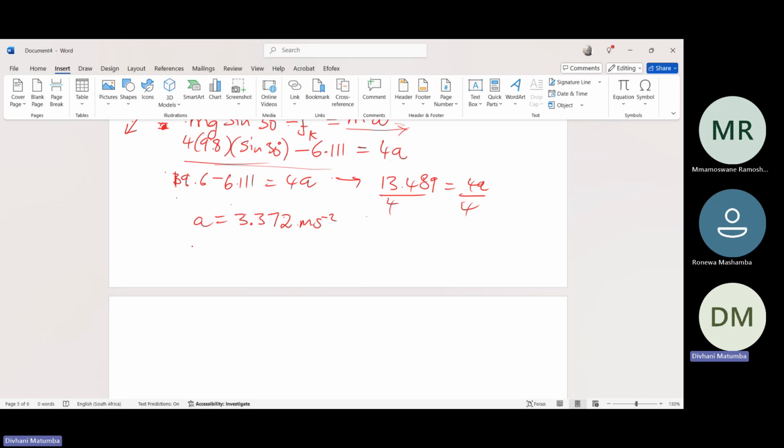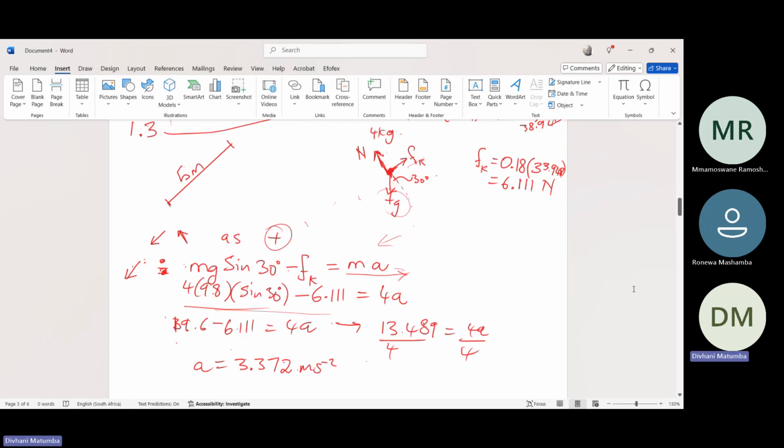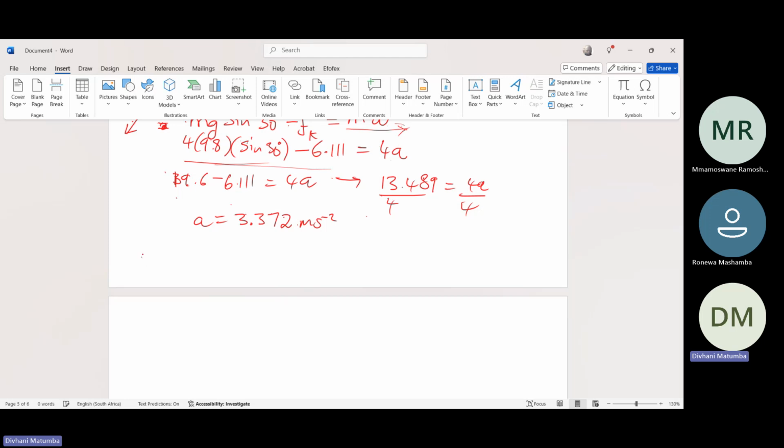Which equation can I use from the equations of motion to determine the time? You could use delta x equals vi delta t plus half, which is 5 meters, right? Okay. So delta x equals vi t plus 1 over 2 acceleration times time squared, right?